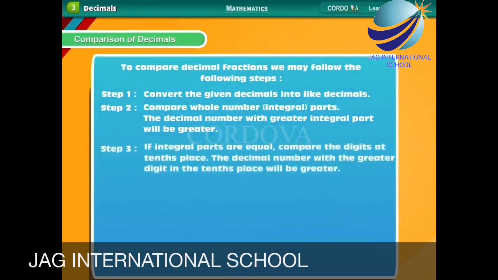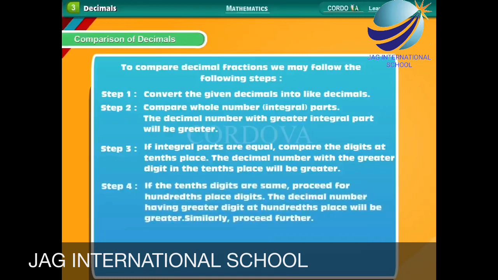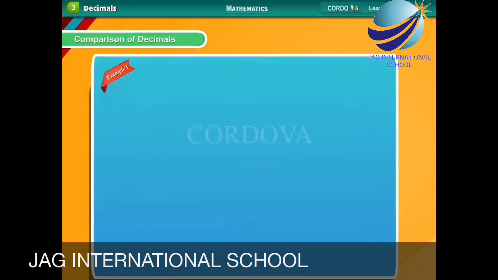If integral parts are equal, compare the digits at the tenths place. The decimal number with the greater digit in the tenths place will be greater. Step 4. If the tenths digits are the same, proceed to the hundredths place digits. The decimal number having the greater digit at the hundredths place will be greater. Similarly, proceed further.